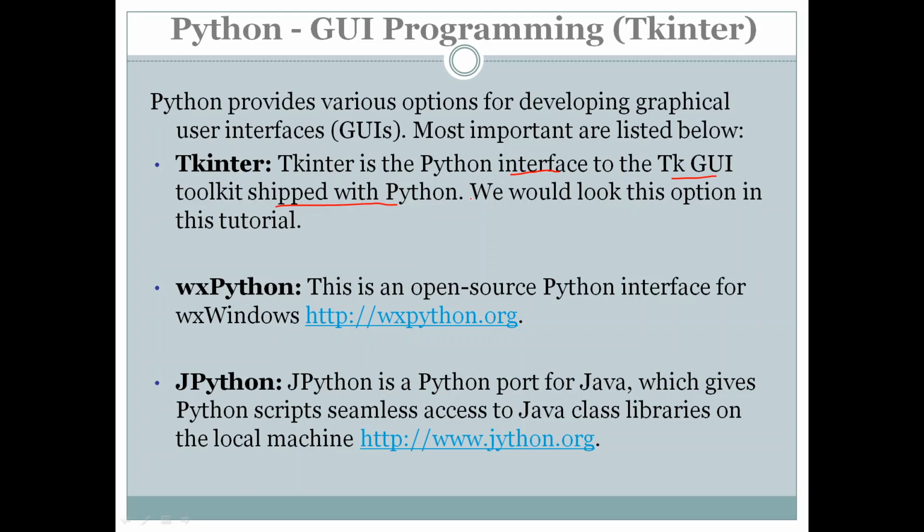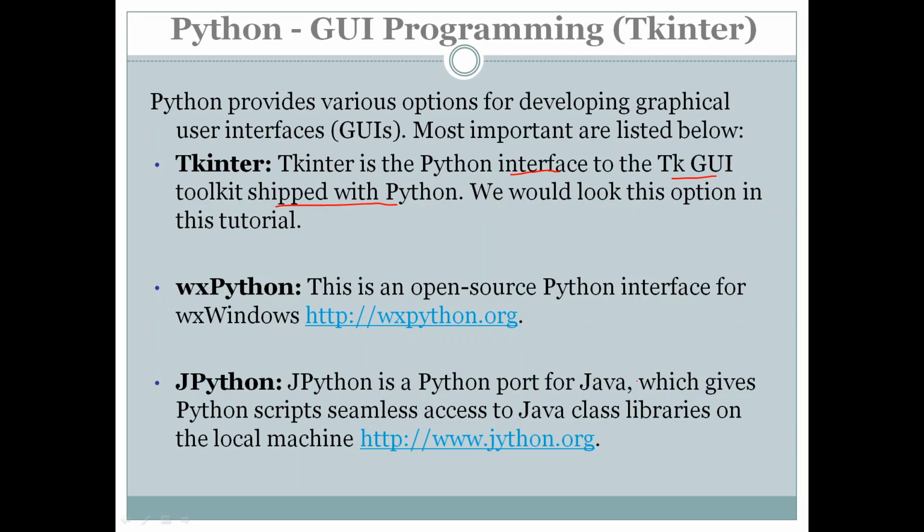Apart from tkinter, we also have wxPython, which is an open source Python interface for wxWindows, and one more, that is JPython. Apart from these three, there are other libraries as well. JPython is a Python port for Java.